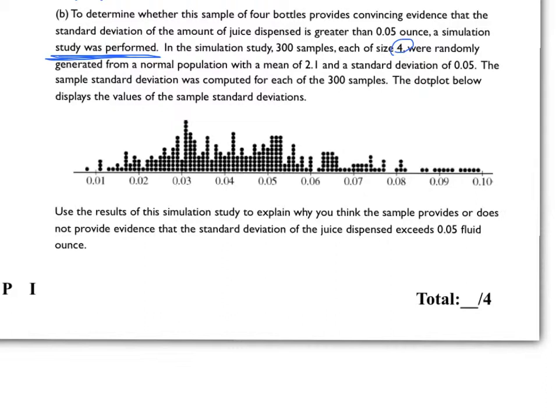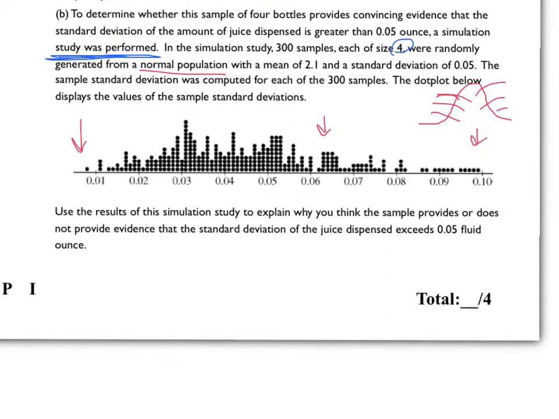That means that they actually had a normal distribution that they started with, and they randomly picked values out of that, and they'd pick 4 at a time, average them together, but look at what their standard deviation was as they did that. So they took the 4 values, found the standard deviation, and put a dot somewhere on this graph. And so the standard deviations of the sets of 4 that they drew are plotted out here, and this is what the graph looks like.